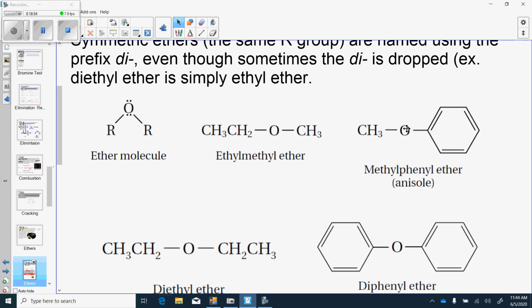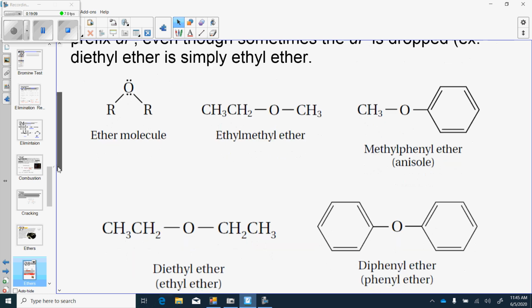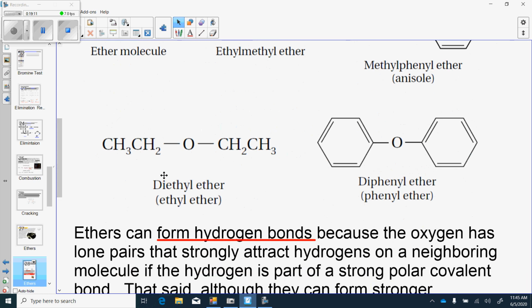Here, our O is in the middle, functional group. We have this benzene, but it's acting like a branch, so it's going to be phenyl. And we have methyl here, so we have methyl, phenyl, ether. Methyl first, alphabetical order. Down here, this is one of those symmetrical ethers.